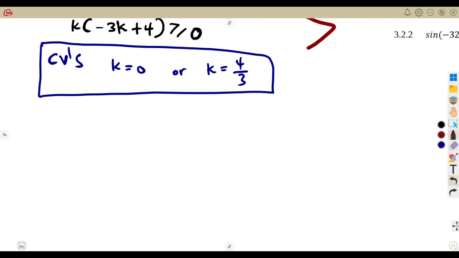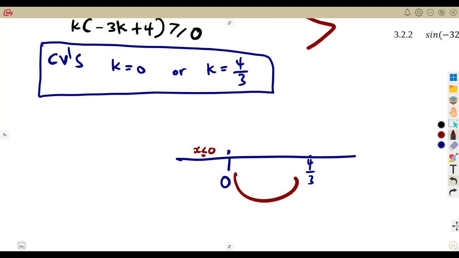For those who are to use the number line, I talked about this, guys. You can use the number line. Preferably, you test your solutions. We've got 0 here. We've got 4 over 3, which is 1.33, something like that. These solutions on this side of 0 are less than 0. But because there's an equal to, you're going to put an equal to.